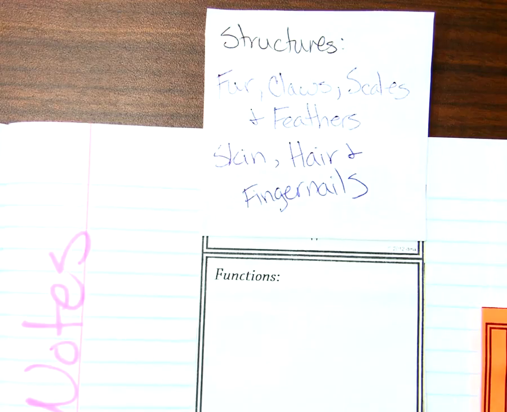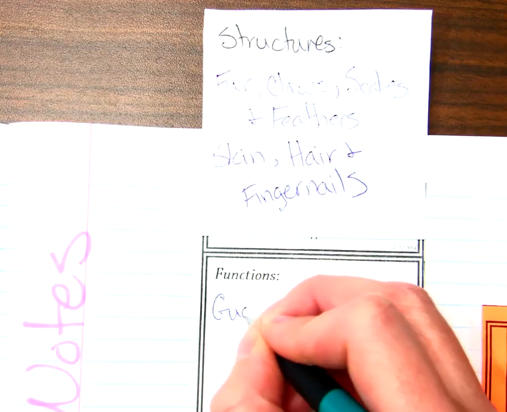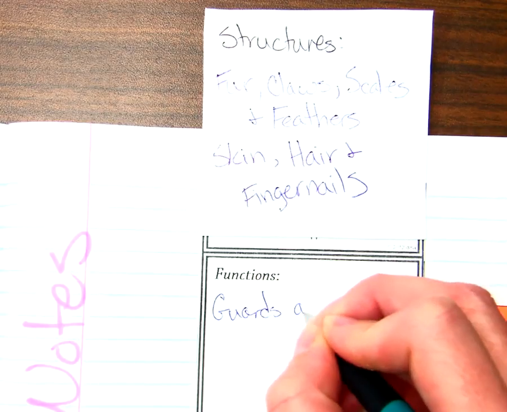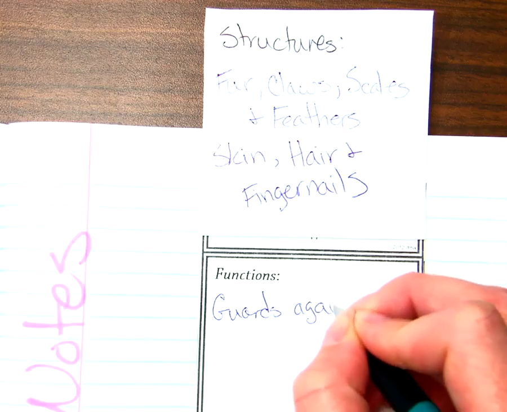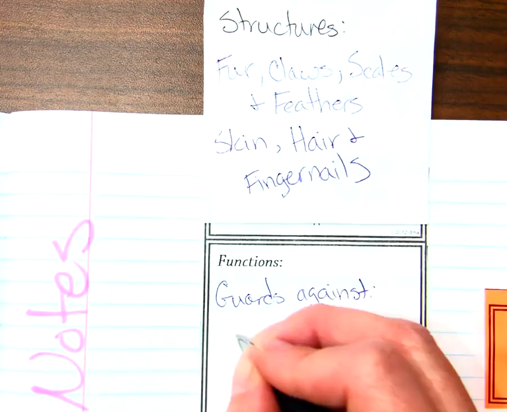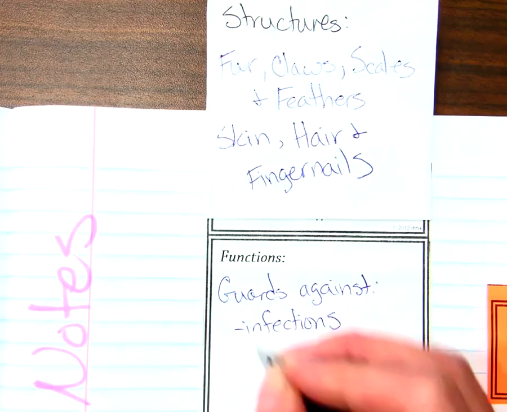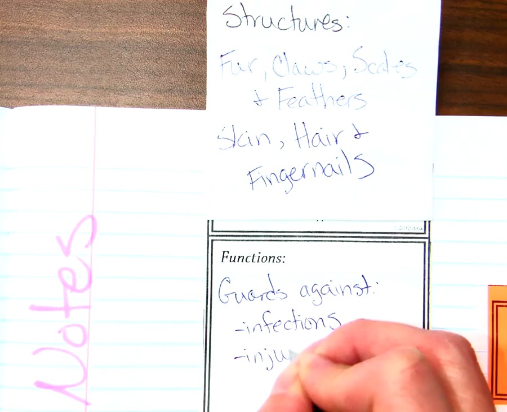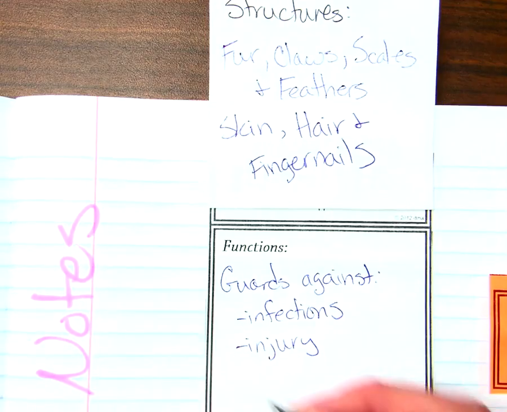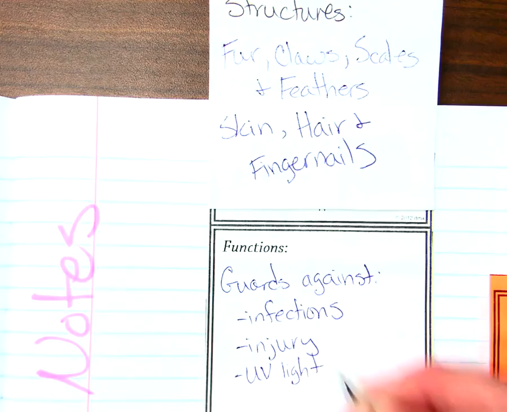Functions of our integumentary system. It guards against or protects us from infections, injury, UV light, ultraviolet light.